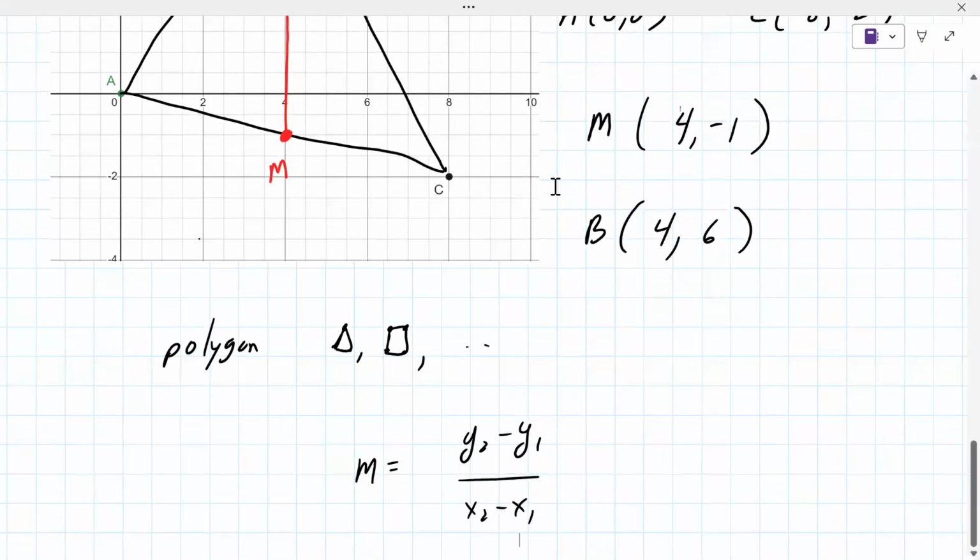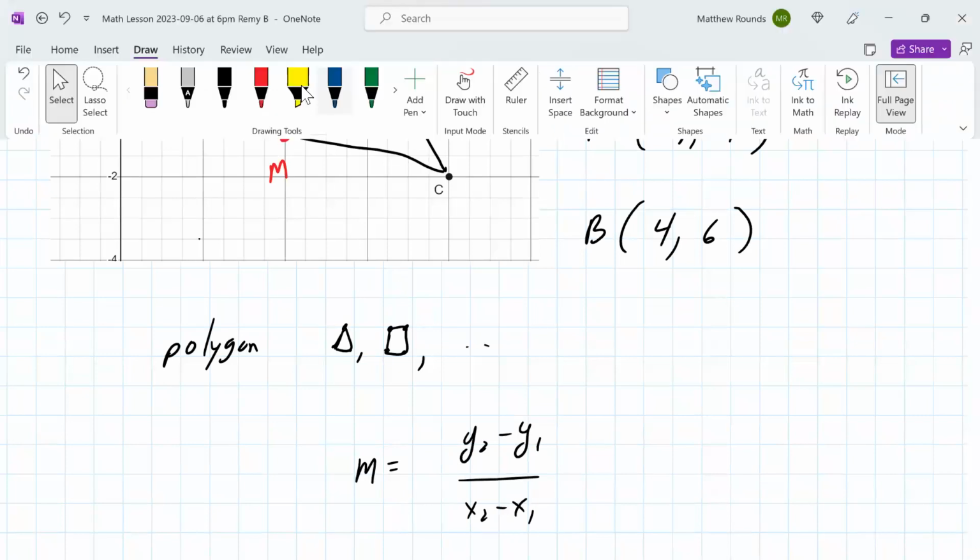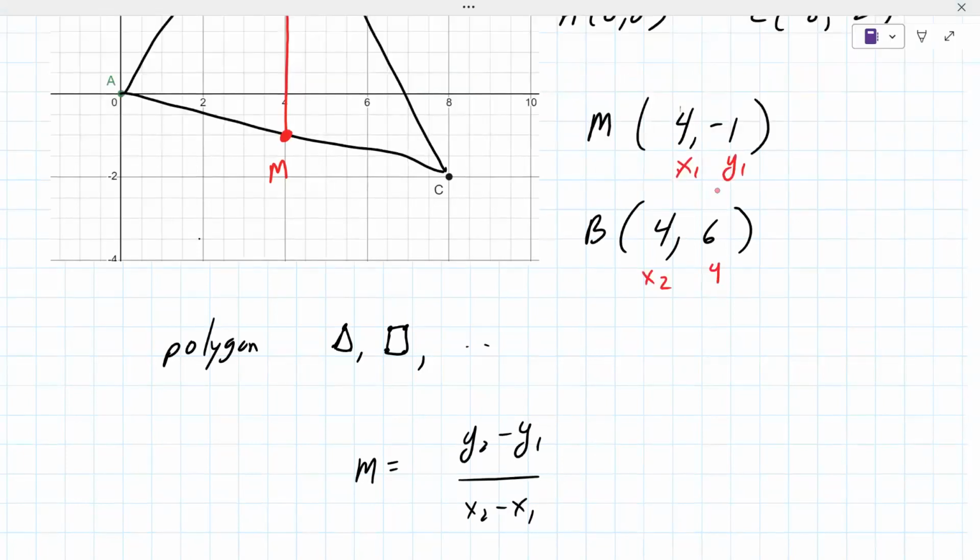You've probably been seeing me do this. You really do want to maybe label the ordered pairs. Can you label them? Yeah. And you should maybe label them on there. Okay.